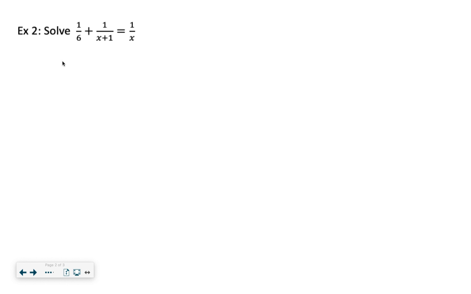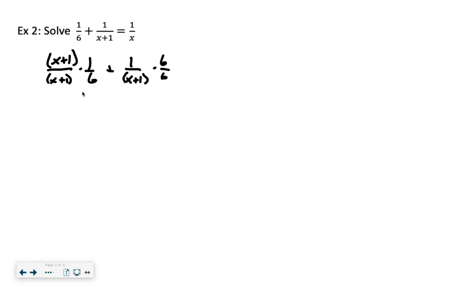So I'm going to have x plus 1 over x plus 1 times 1 over 6 plus, and then over here, I would multiply by 6 over 6, because remember, the goal is to get the same factors in each denominator.